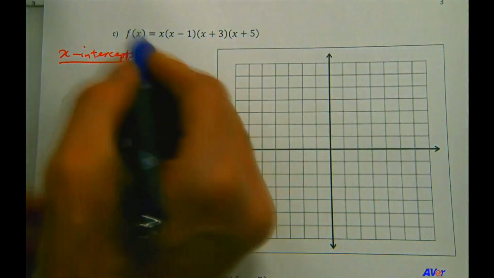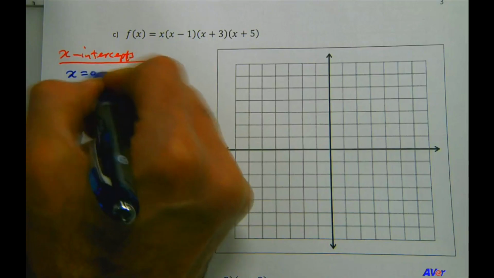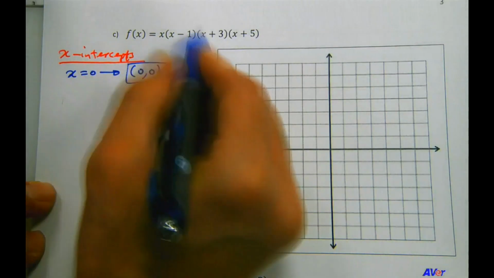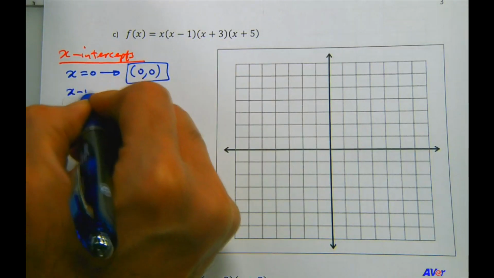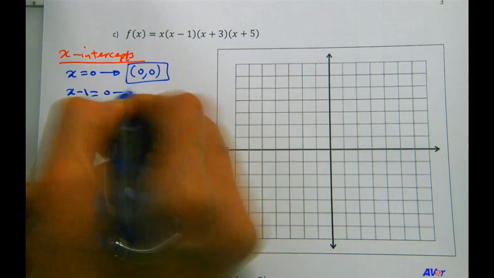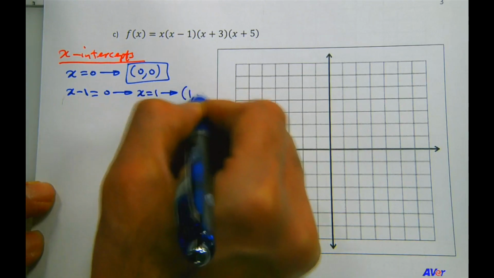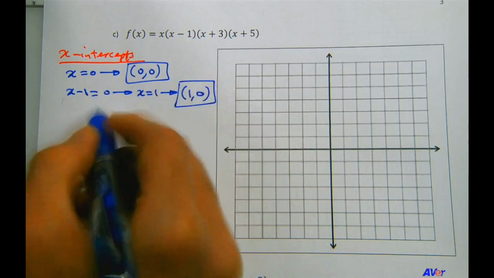Okay. So each factor, set them equal to 0. So 0 comma 0 is one of the x-intercepts. Then x minus 1 equal to 0, you have x equals 1. So you have 1 comma 0 as the other x-intercept.